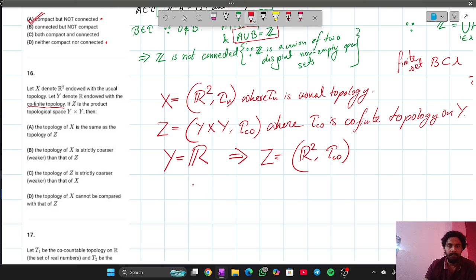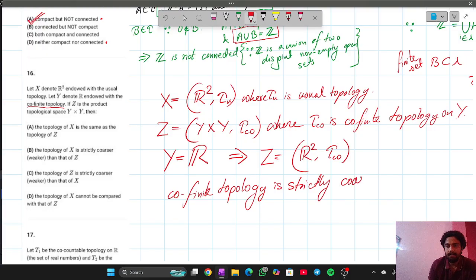And we know that cofinite topology is strictly coarser than that of usual topology. Okay, than that of usual topology.